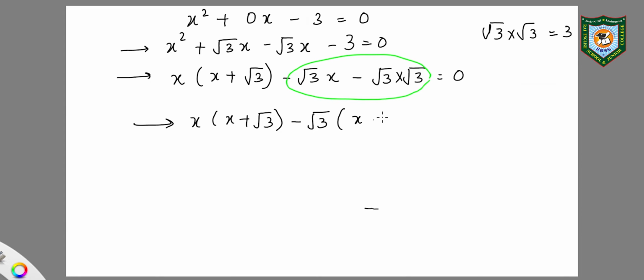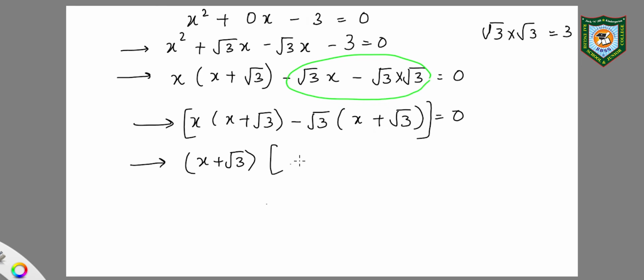So I have x plus root 3, which is equals to 0. Now as we know, this is one big bracket. We have x plus root 3 common, so that goes out of the bracket. This becomes x plus root 3, and this is x minus root 3, which is equals to 0.